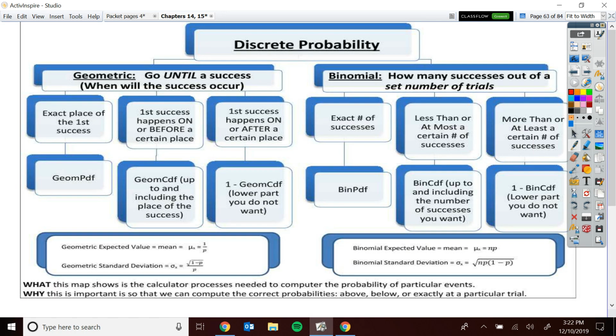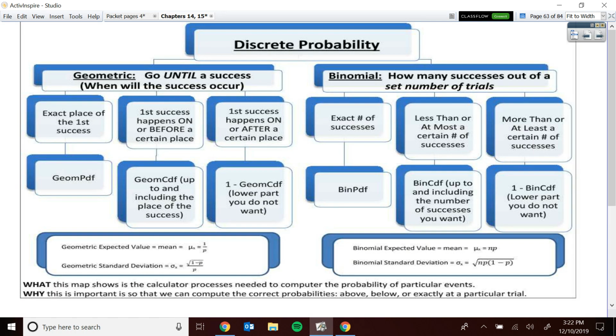All right. Now, you also picked up this tree map, this classifying map where we're talking about geometric and binomial. So let's summarize this stuff right now. It's our discrete probability that we've been talking about this unit. We've talked about how geometric goes until you have a success. So you are told the place that the success will occur.